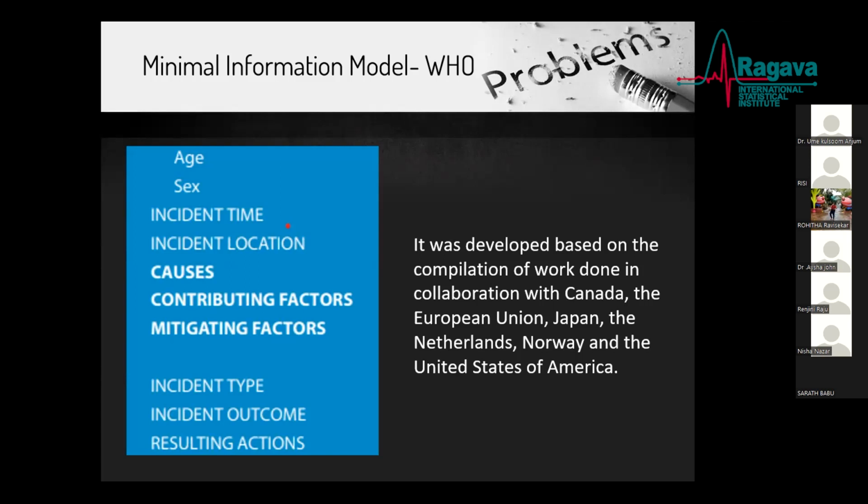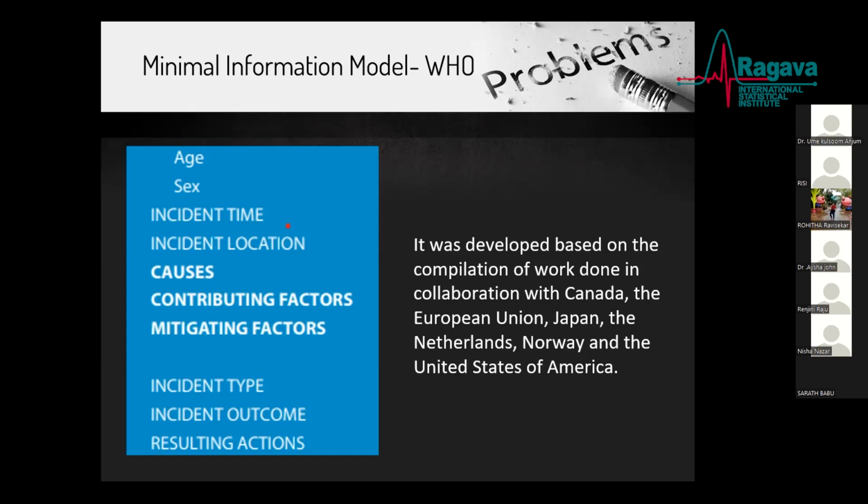It sought to help establish reporting systems that are simple, user-friendly, easily standardized, and integrated into the information technology systems. And in 2005, WHO drafted the guidelines for event reporting and learning systems to propose a minimum common architecture. This led eventually to the formation of the minimal information model for incident reporting and learning systems.